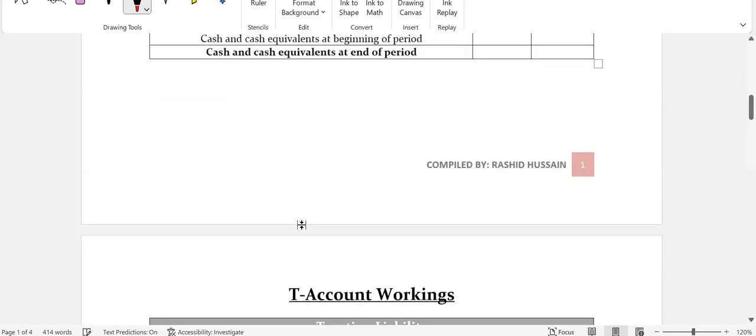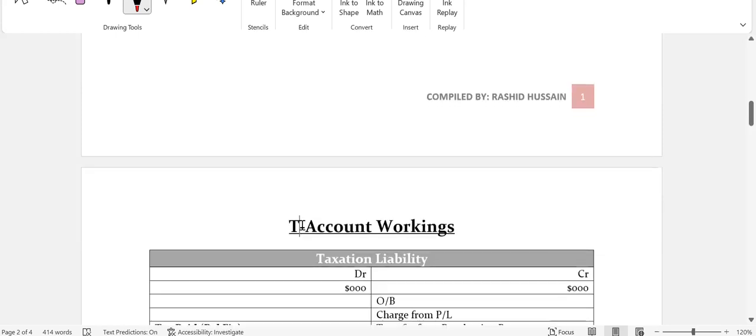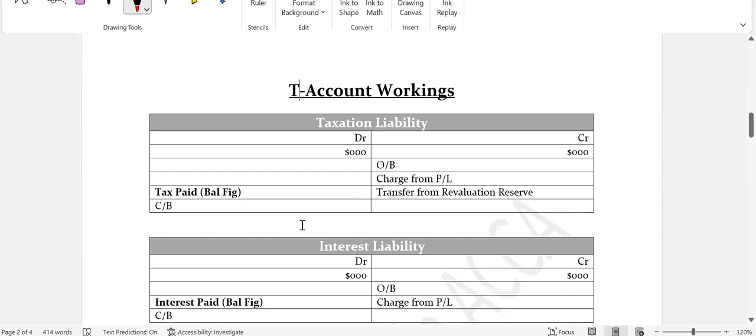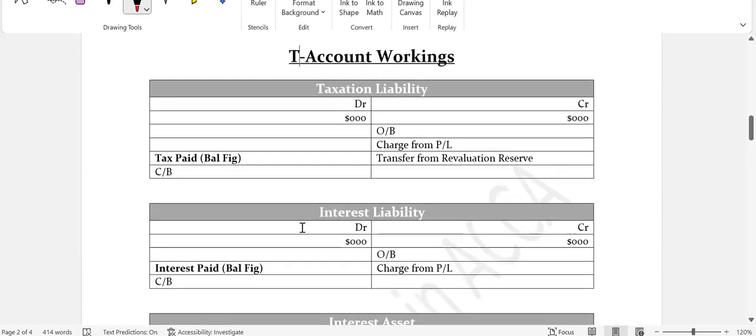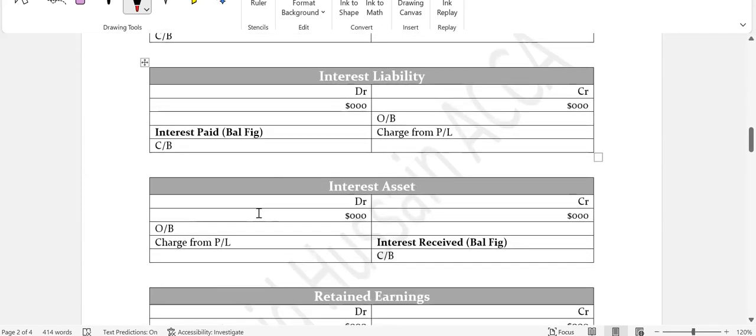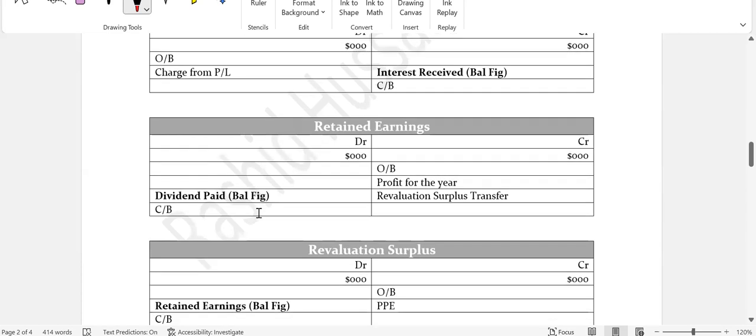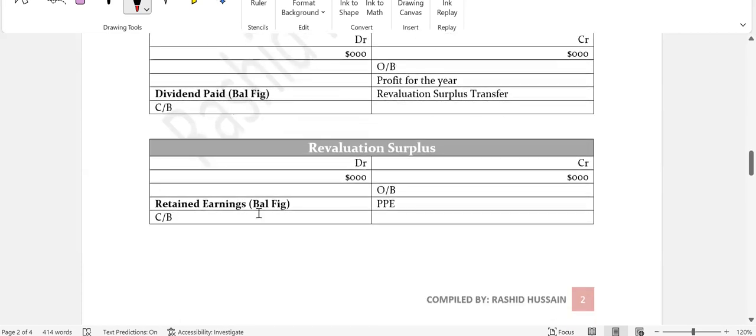And then we did the workings. Tax payable account is used to calculate the tax paid. Interest payable account is used to calculate the interest paid. Interest receivable account is used to calculate the interest received. Retained earnings account is used in order to calculate the dividends paid.